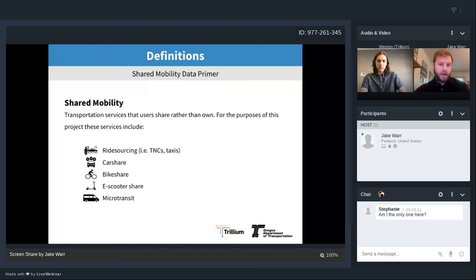Note that we are not including public transit in this. It is often considered under shared mobility, but for this project, we're specifically focusing on these modes.